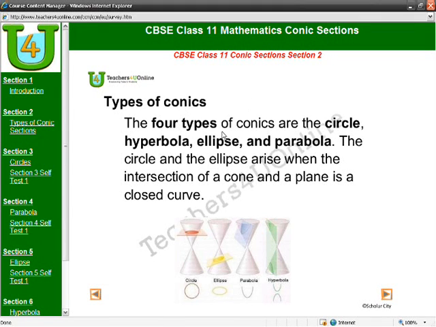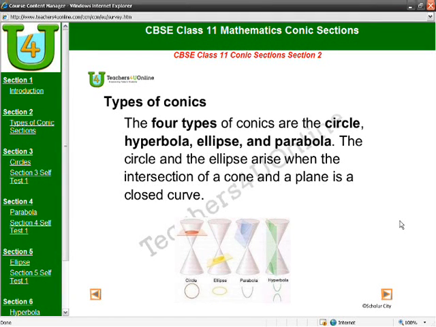The four types of conics that we are going to study in this chapter are the circle, hyperbola, ellipse, and parabola. Now, when a plane cuts a right circular cone at different angles, we get two types of conic section. It can either be a closed curve or an open-ended curve.